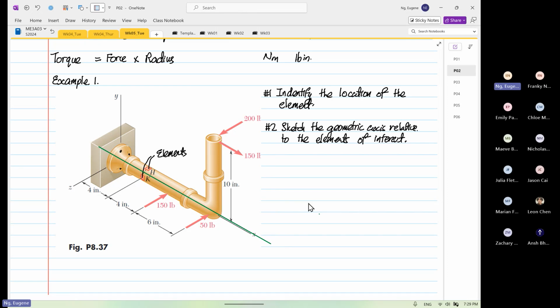So this is our geometric axis relative to the elements.